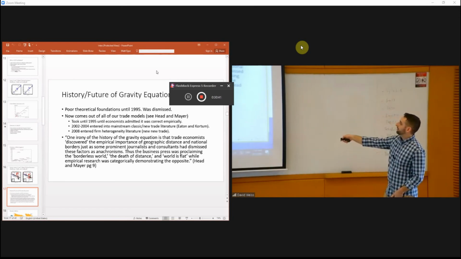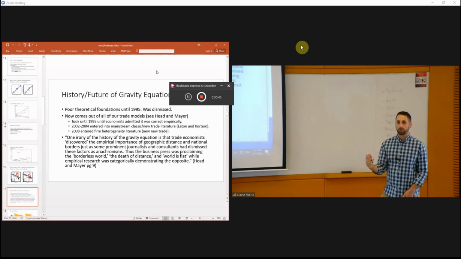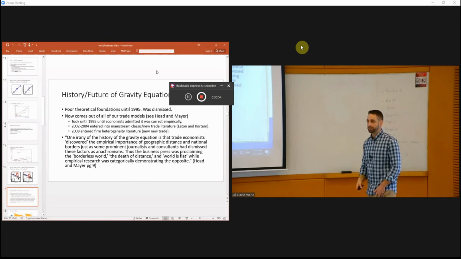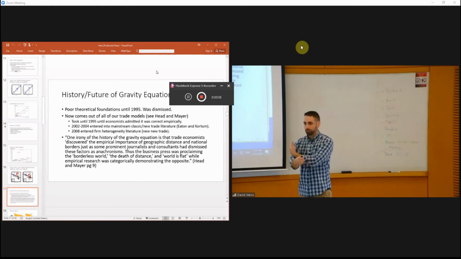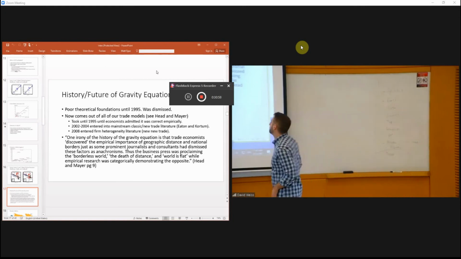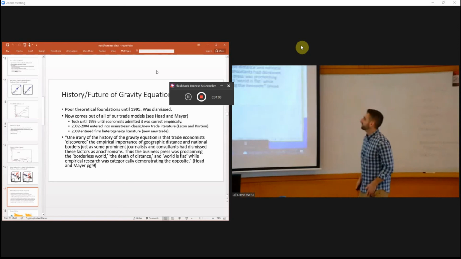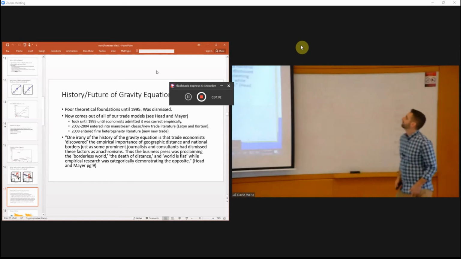And just as all the business world is coming and saying distance doesn't matter anymore, that's all over, the trade theorists were saying, whoa, this is a really big deal. We need to have this in our models. So it's like these two guys are passing like ships in the night. I really like that quote.